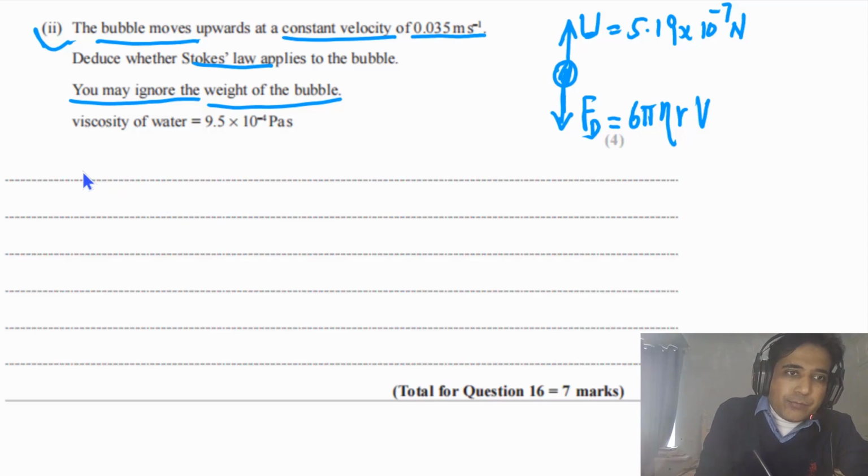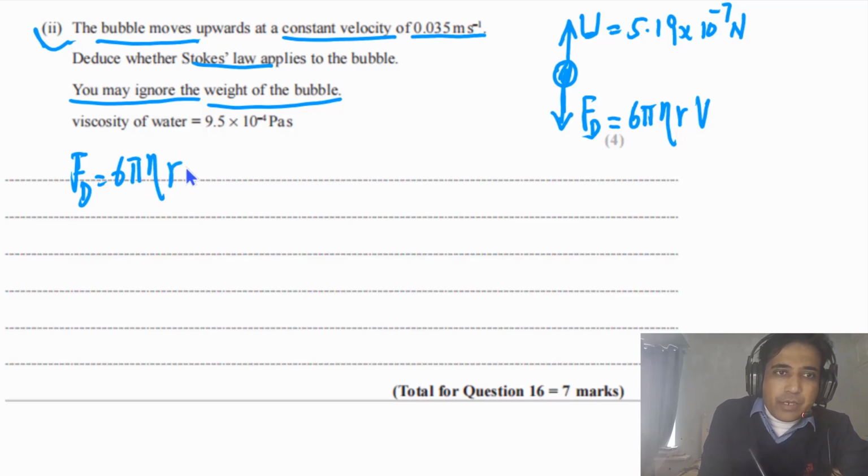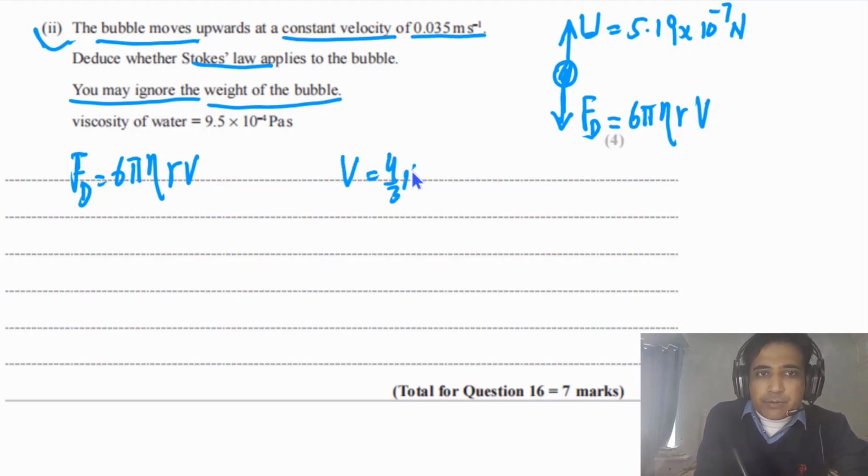So we need to calculate the value of the drag force Fd, which is equal to 6 pi eta r v. We need the value of r. The volume of the sphere is equal to 4 by 3 pi r cubed, and we have the volume, 5.3 times 10 to minus 11.